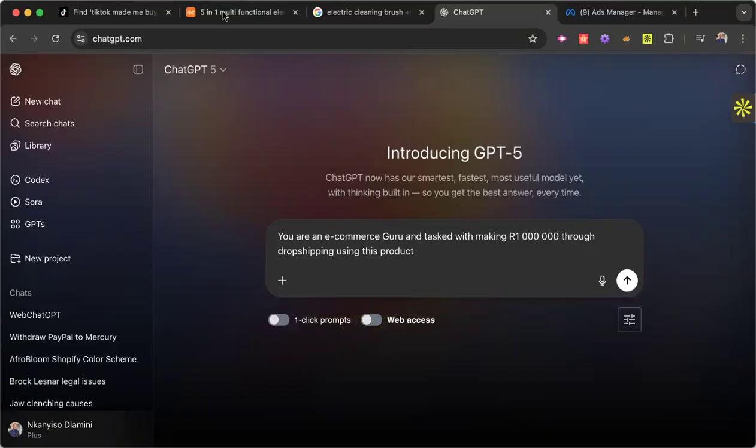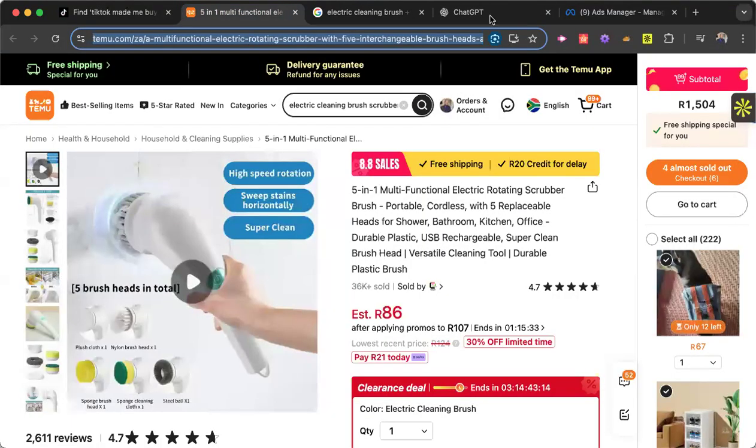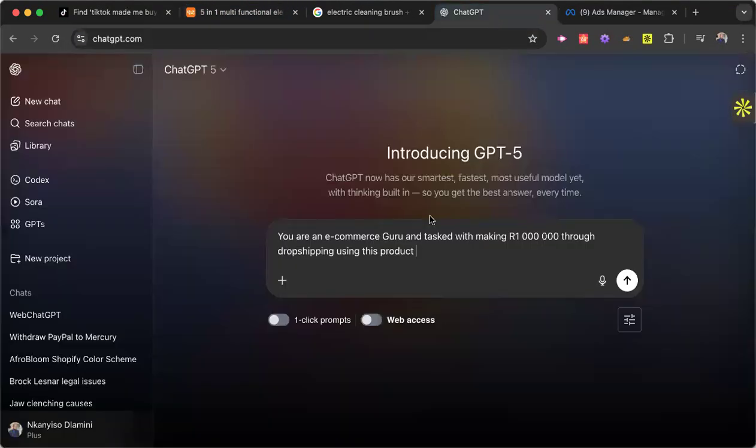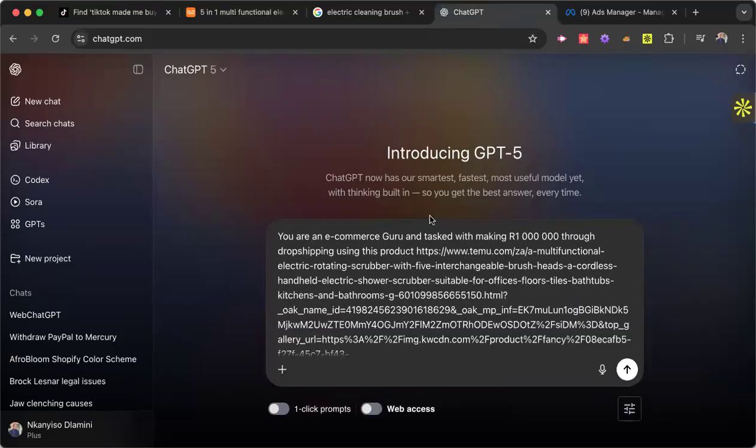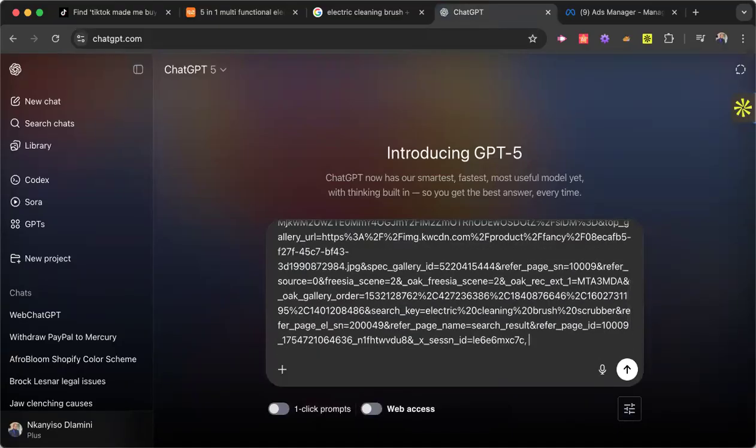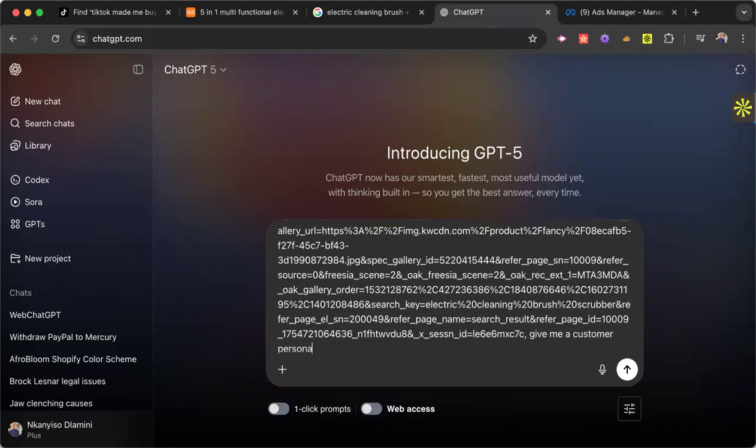So we're going to go to Temu, literally copy this whole link, go back to ChatGPT and give them the link like that. Then we say: give me a customer persona, brand strategy, and product name and description.